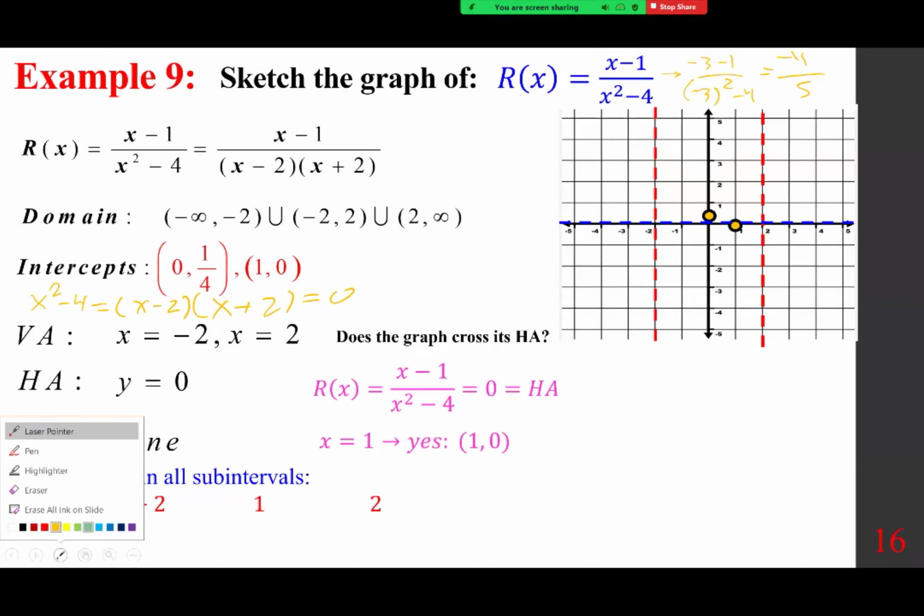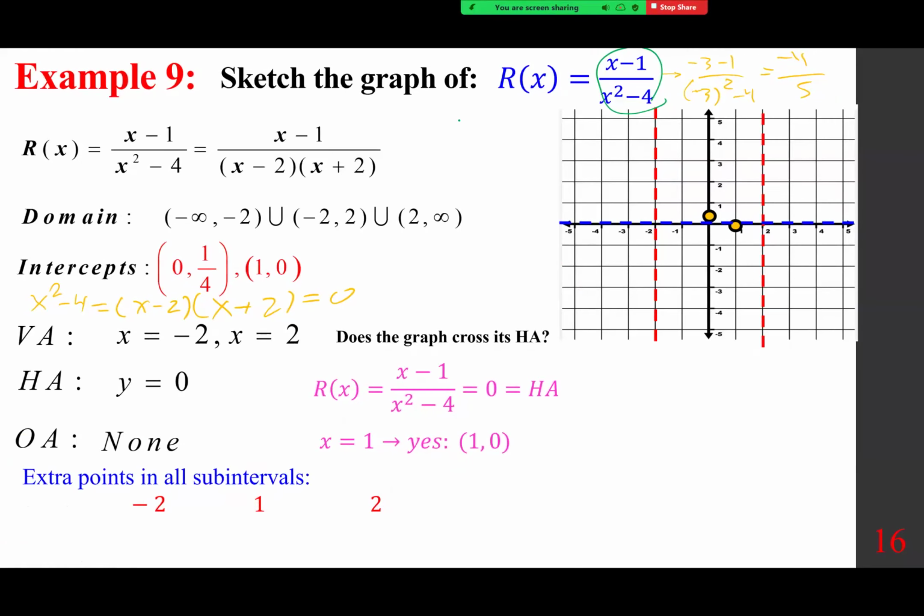If I plug in -1, I get -1 minus 1 over -1 squared minus 4, which is -2 over -3, or 2/3.